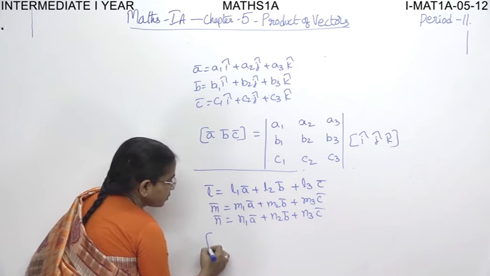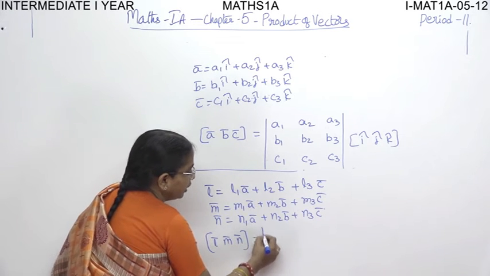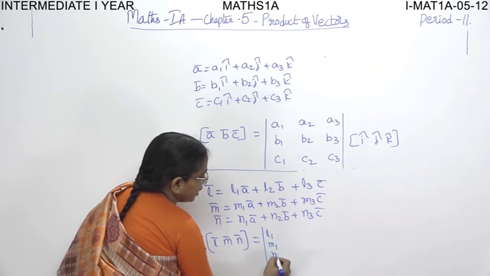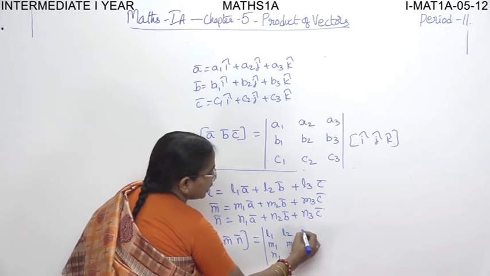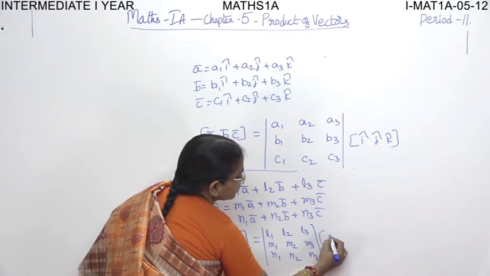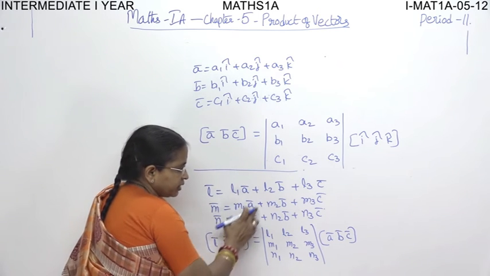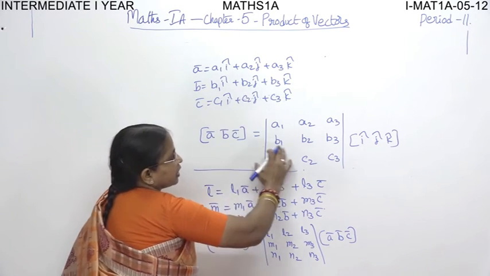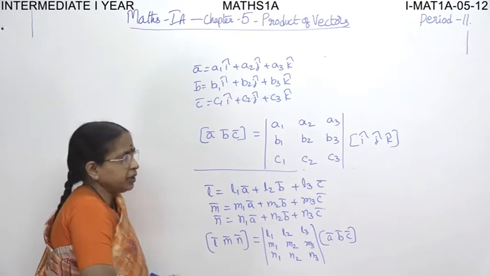Then the box product of these vectors L, M, N is equal to determinant of A coefficients, that is L1, M1, N1, next L2, M2, N2, and then L3, M3, N3 into the box product of these vectors ABC. This is the most general formula. So if it is in terms of ijk, it will be like this. Now this value is 1. So you will just write the determinant value.